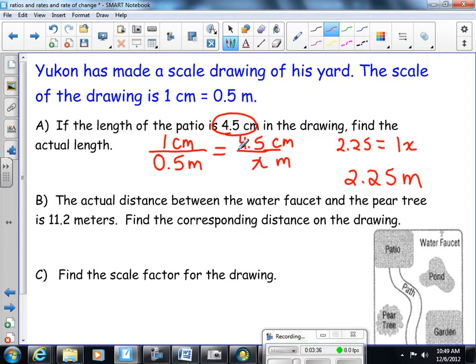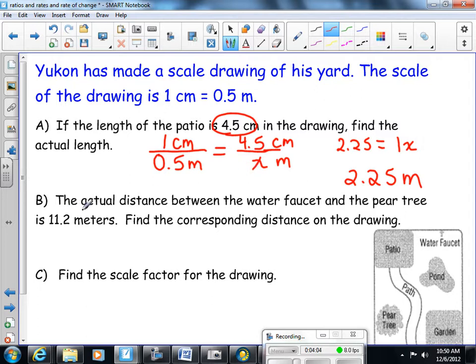So if I have 4.5 centimeters in the drawing, that's really going to be 2 1/4 meters in real life. Any questions on that? You work this by first being given the scale, and then finding the missing length, whether it be in the drawing itself or model, or in the actual item.